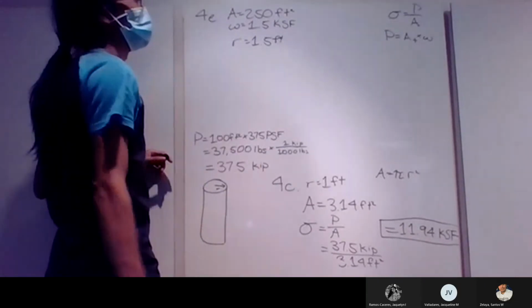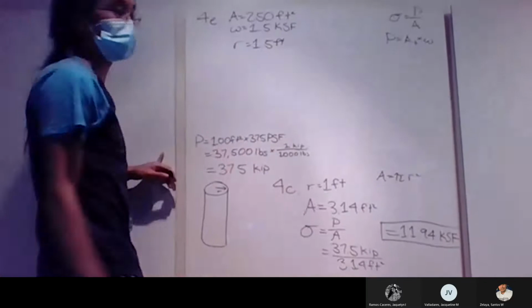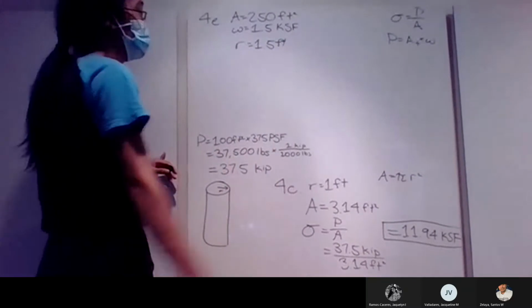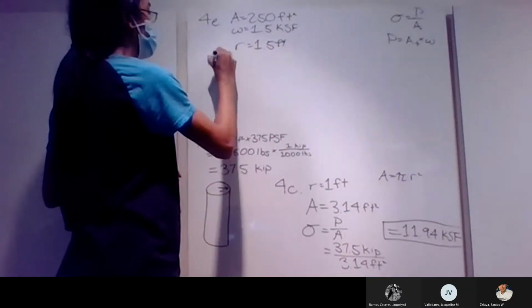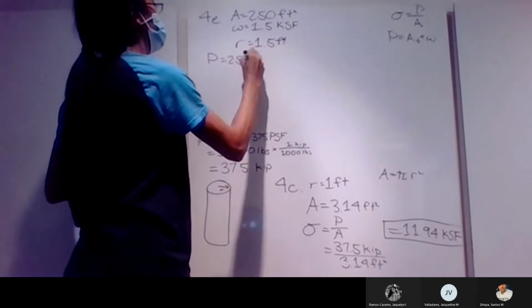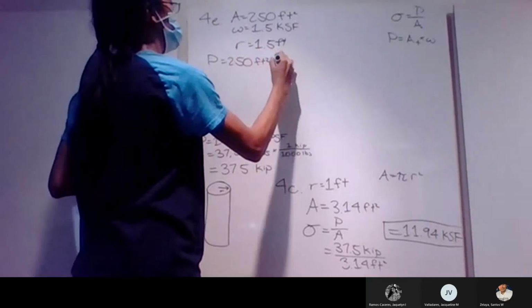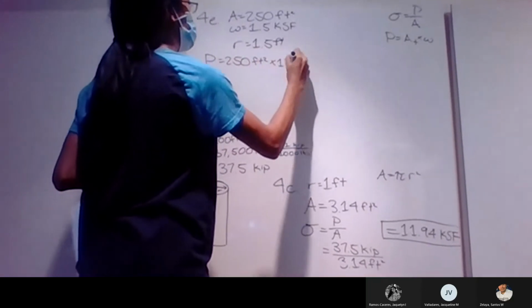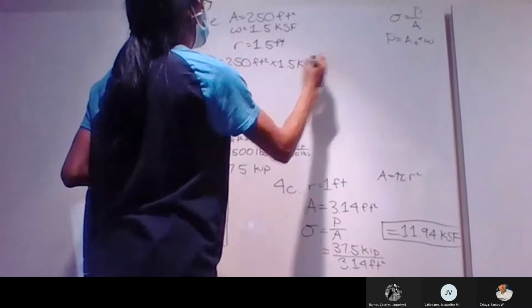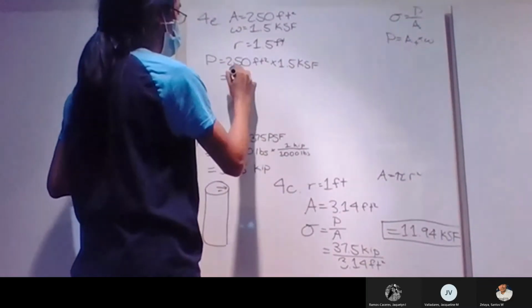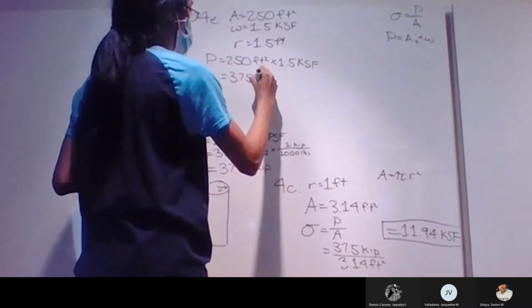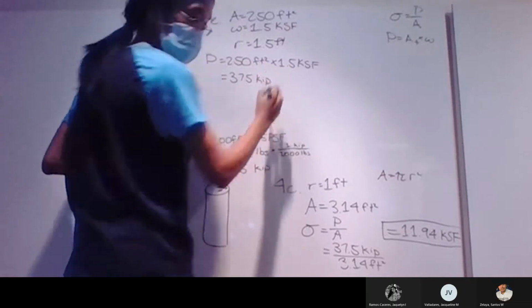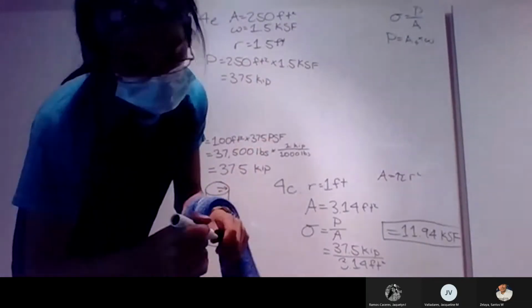We're just going to solve for P real quick. We're going to solve for axial load. Load is equal to 250 feet squared times 1.5 kips per square foot, and we should get 375 kips, right? That seems about right.